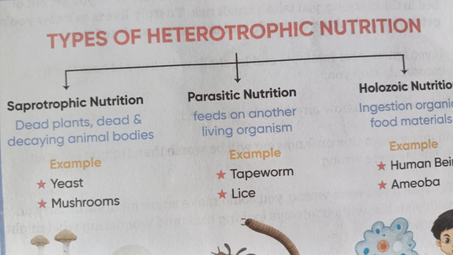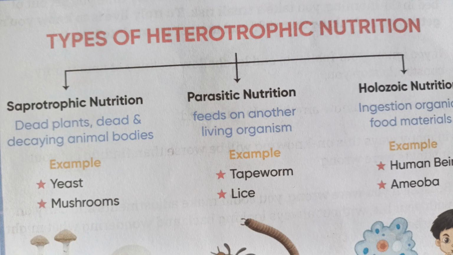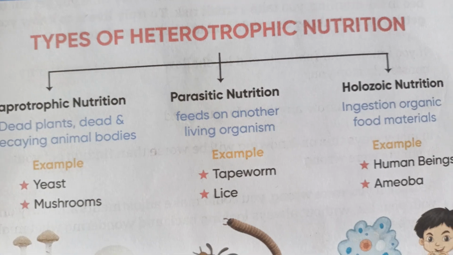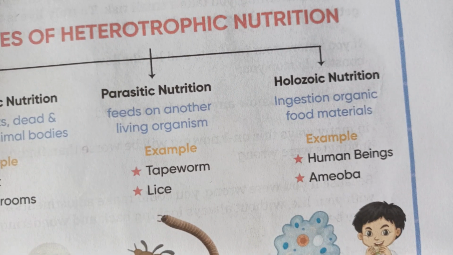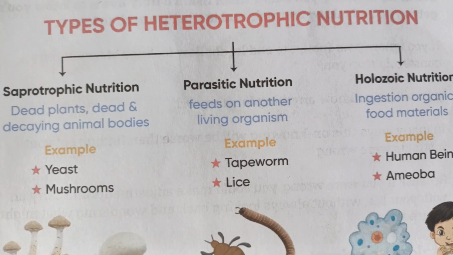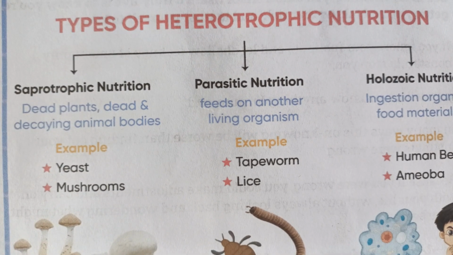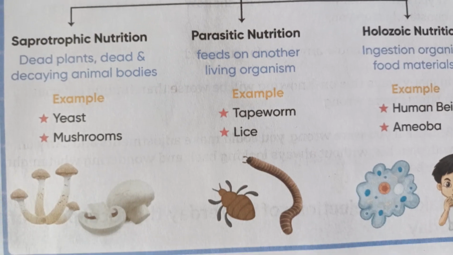You can rely on saprotrophic nutrition, parasitic nutrition, or holozoic nutrition. The saprotrophic strategy is to rely on dead plants and dead and decaying animal bodies, for example yeasts and mushrooms.